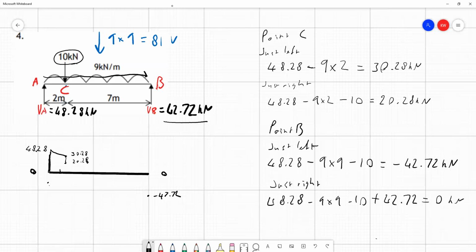So the final force in our diagram is back to 0. So we've got a line vertically from minus 42.72 to 0. And like I said before, between points we draw a straight line. It's meant to be one continuous straight line here, so you can do a slightly better job for illustration.